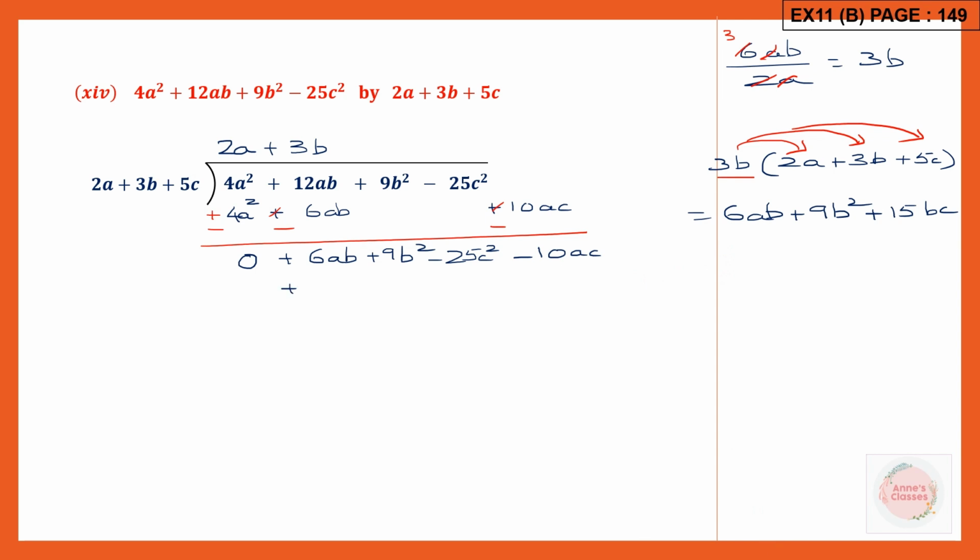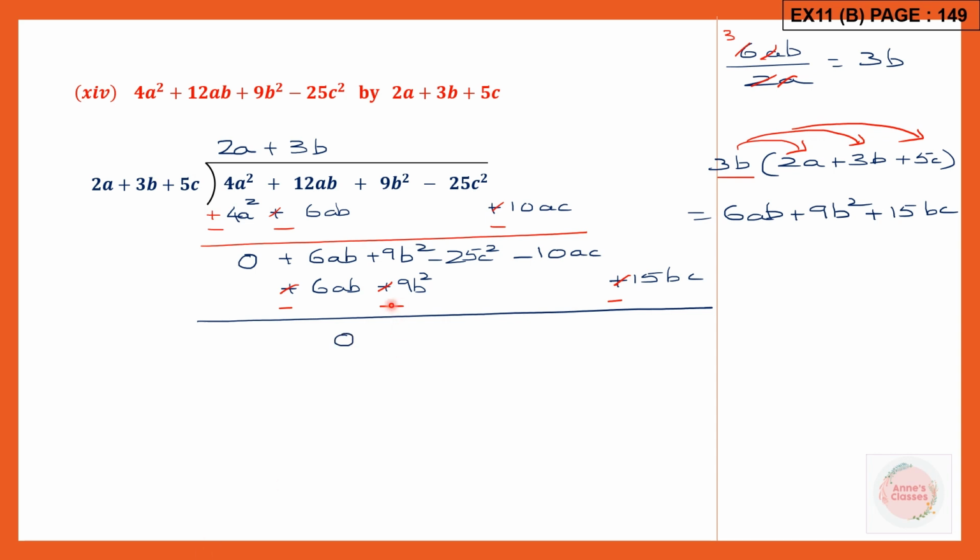So that is plus 6AB plus 9B square, and then we write minus 25 only at the end, and then we have 15BC, which we have to write separately. 15BC. Now this we are going to subtract. So again here the signs will all change. Plus will become minus, this plus will become minus, and this plus will also become minus. So here we have plus 6 minus 6, so AB gets cancelled, so that is 0.